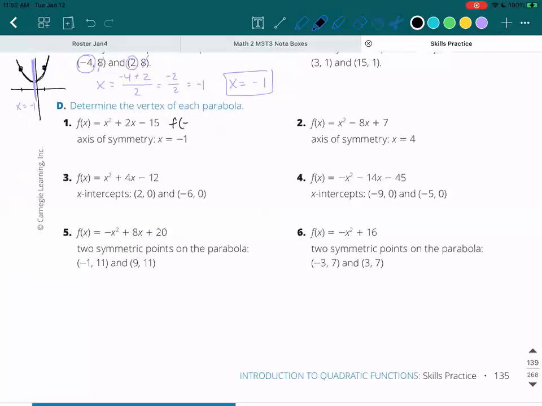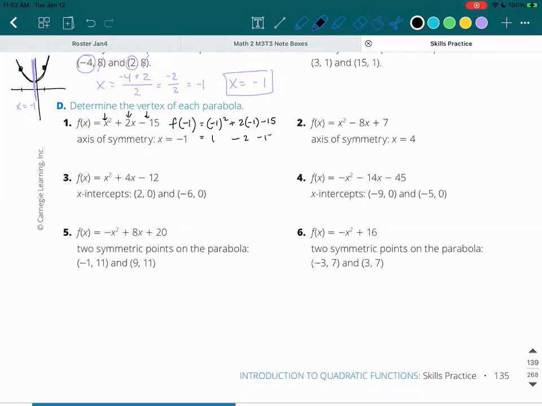So f of -1. Plugging it into our equation, instead of x squared, it's -1 squared. Instead of plus 2x, it's plus 2 times -1. And then we just have our -15. So we literally just plug the axis of symmetry number into our equation. -1 squared is 1. 2 times -1 is -2.